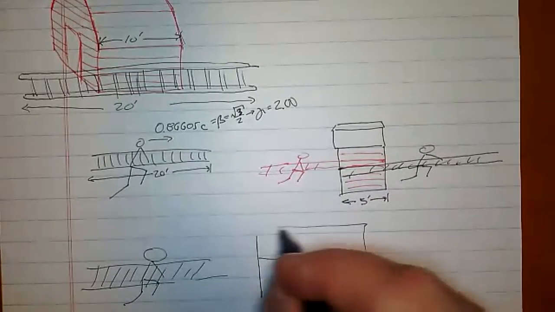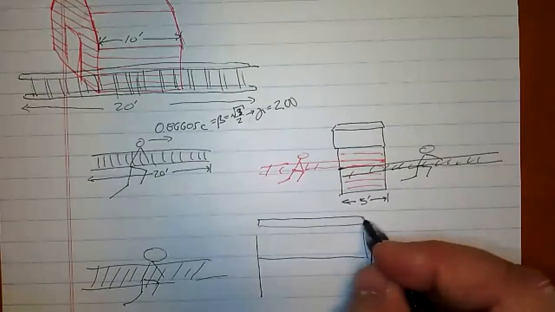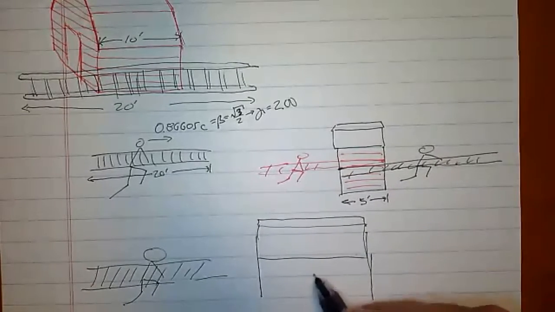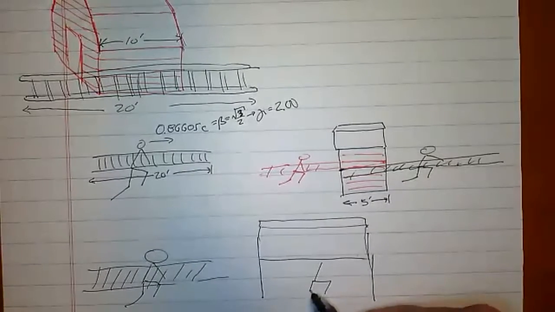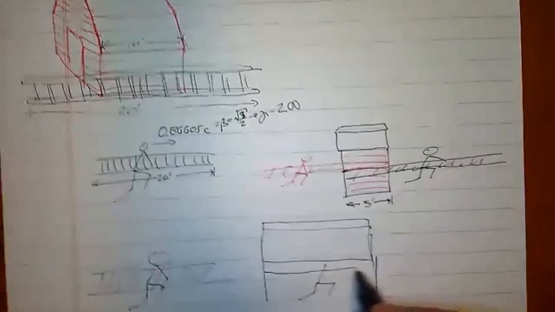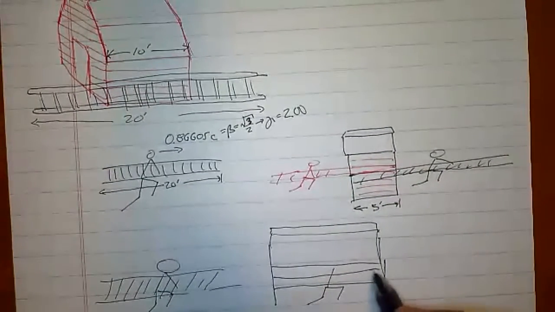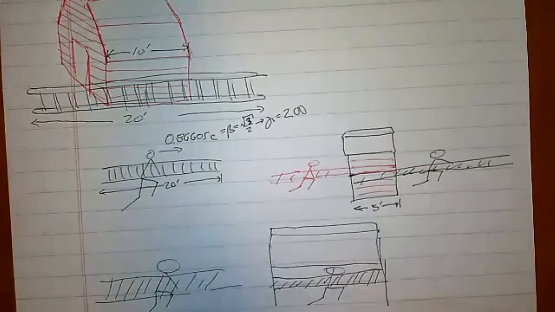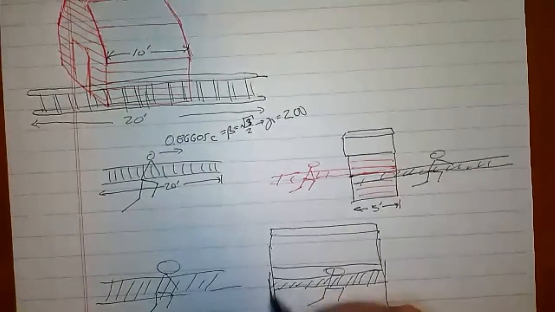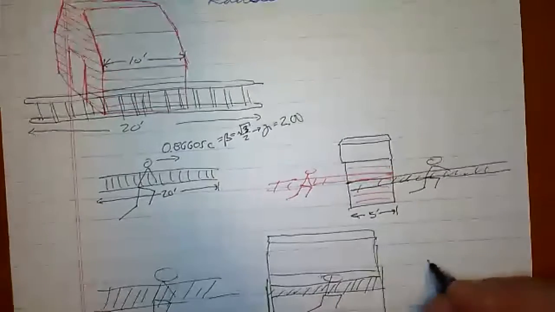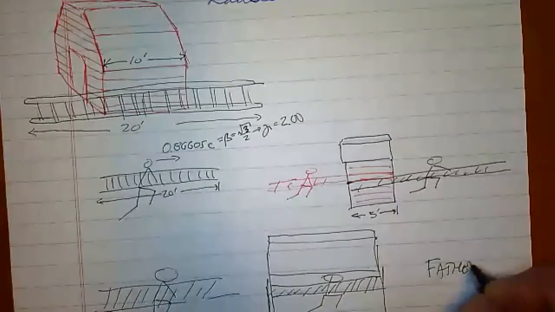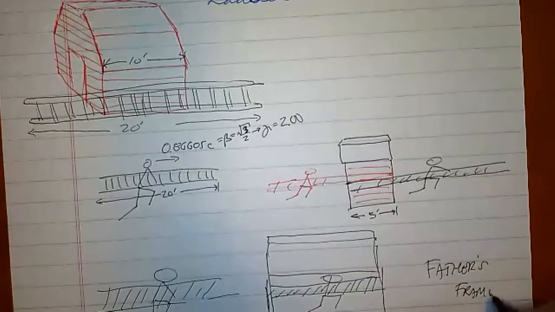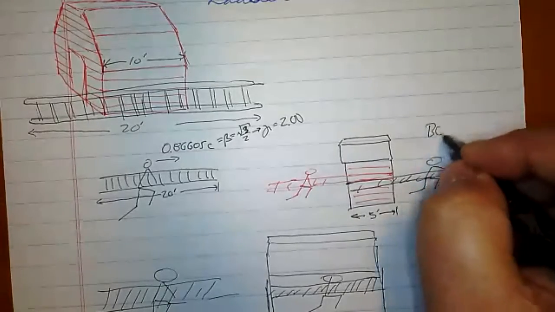And the ladder did actually, in fact, easily fit inside. Because the father did just as the boy said, which was when the boy got right here, the back edge of the ladder was perfectly in line with the front edge of the barn, and the front edge of the ladder was perfectly in line with the back edge of the barn, and the father closed the door. So this is the father's frame. And this is the boy's frame.